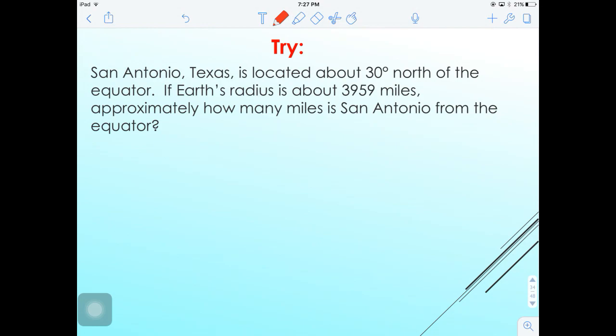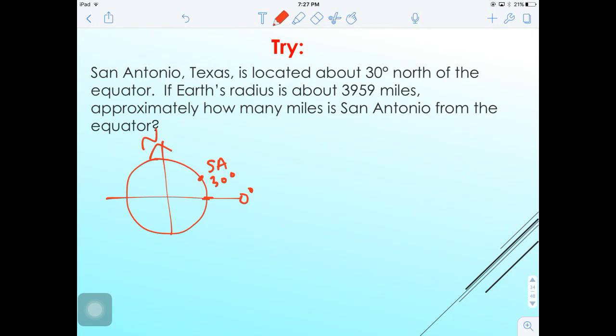So if we take a look at the situation here, this is a representation. Here is the equator, the 0-degree equator, the biggest circle right here. Let's pretend that here is San Antonio, Texas, which is 30 degrees north of the equator.